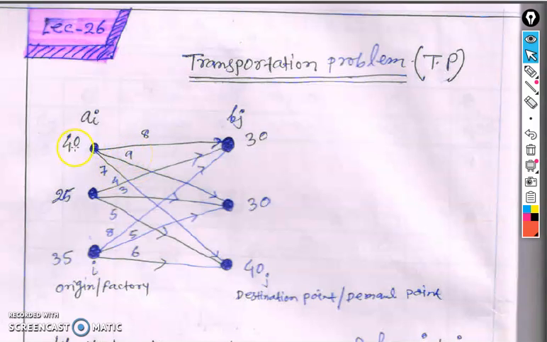If we supply 1 unit from the first factory to the third destination, the unit cost is 7, and so on. This represents the unit cost to supply from a particular origin to a particular destination.